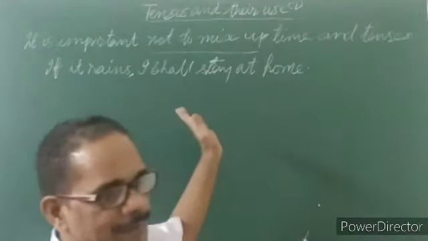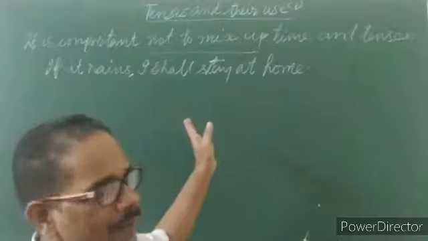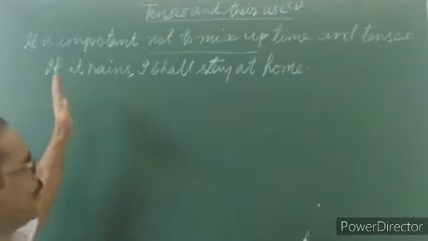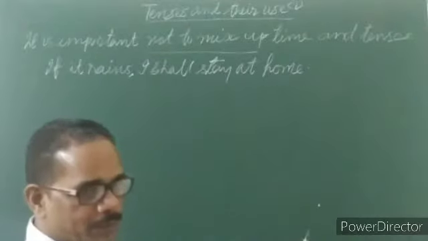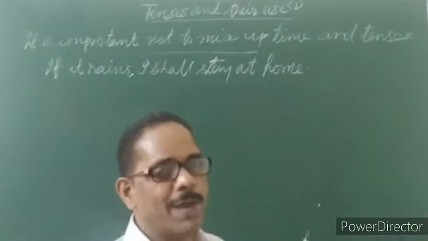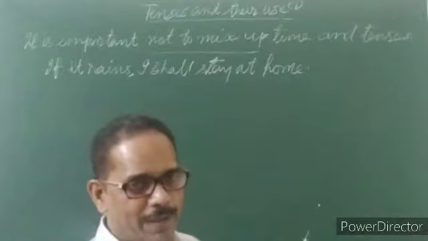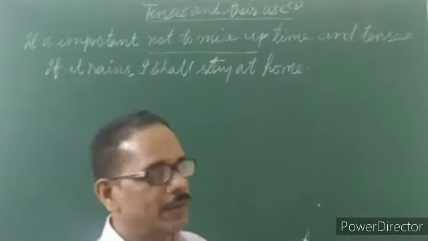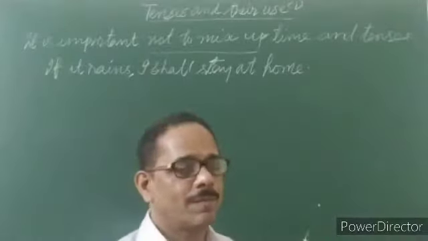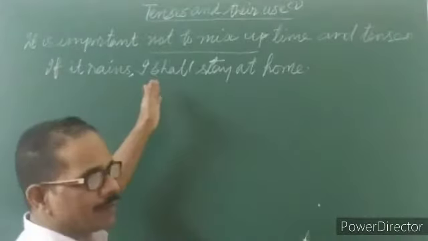This is a conditional sentence. If it rains, I shall stay at home. If it does not rain, I may not stay. So in this kind of construction, you can mix two tenses.